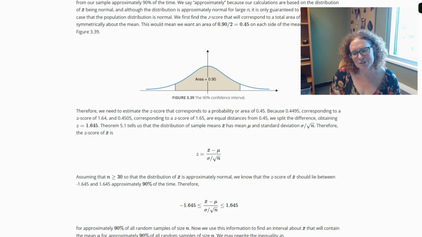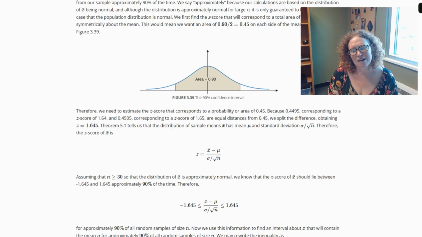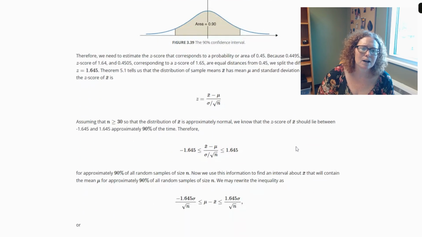So we're going to assume again that the sample size is greater than 30, because if we have a sample size that's smaller, unless our population is pretty small, that's just a pretty good standard to use. So we already saw that each side of the mean is 1.645.